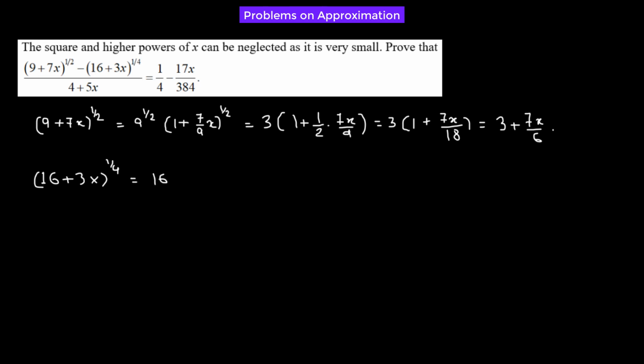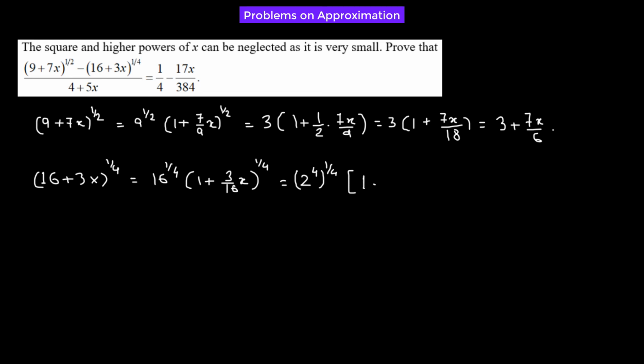So we factor out 16, so we'll get 16 raised to the power of 1/4 times 1 plus 3 over 16 x raised to the power 1/4. So 16 can be written as 2 raised to the power 4, whole raised to the power 1/4, times the binomial approximation.